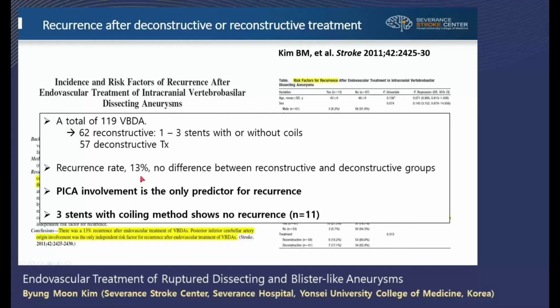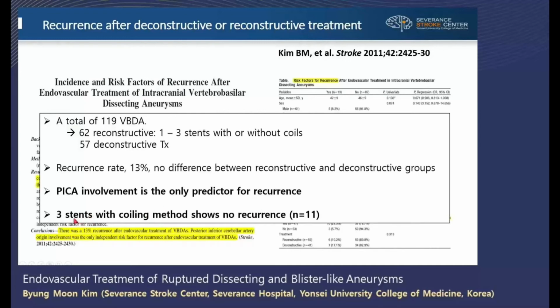Recurrence rate was 13%, with no difference between reconstructive and deconstructive groups. Notably, PICA involvement is the only predictor for recurrence.